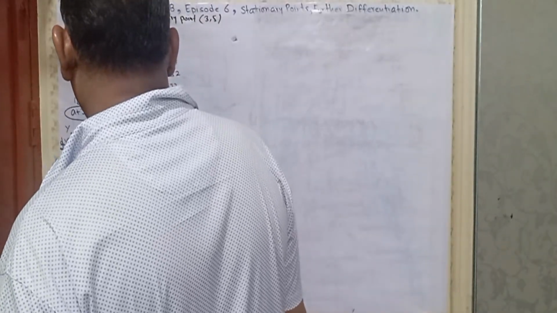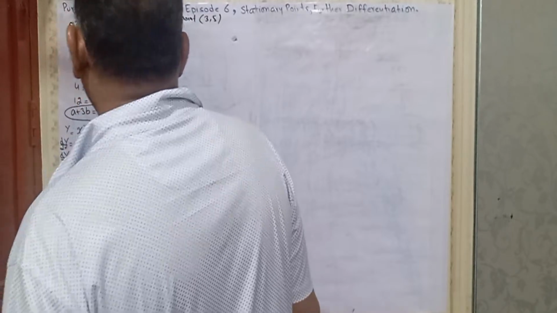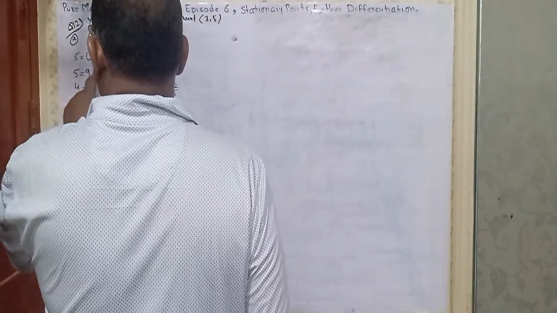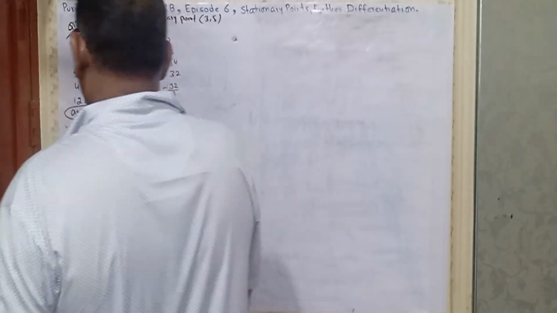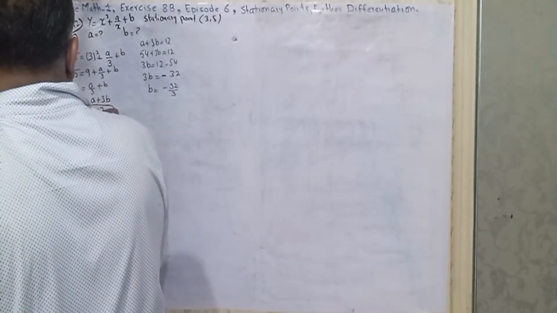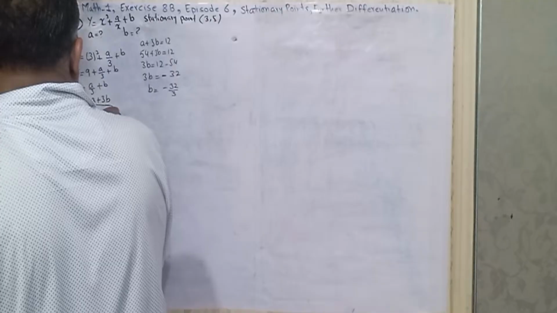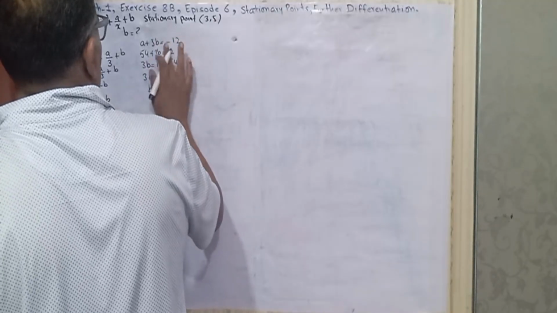Why is it not matching? I put 3 here, that's 9 plus a by 3. Where's the 9? It's minus 12. Yes, this is the mistake. So this is minus 12.